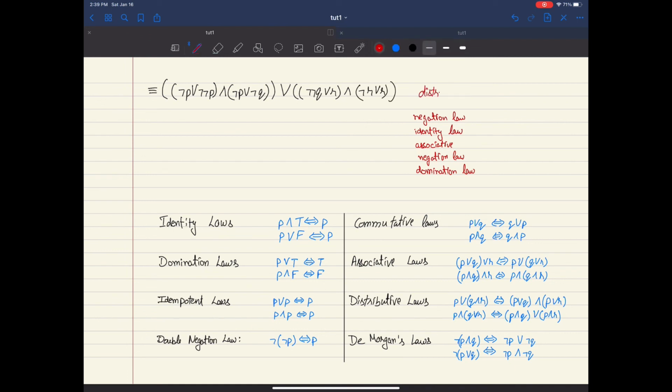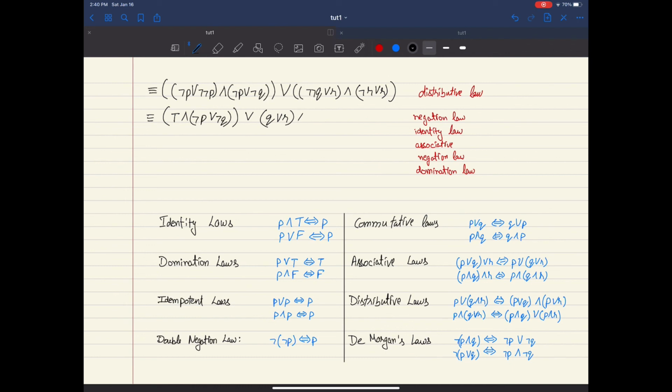So here we just use the negation law and the definition of tautology. So your first part, not of not P, becomes P, and P or not P is the definition of tautology, and this can be rewritten as T. So tautology and (not P or not Q), or the second half remains the same. It's Q or R, and not R or R is again the definition of tautology.